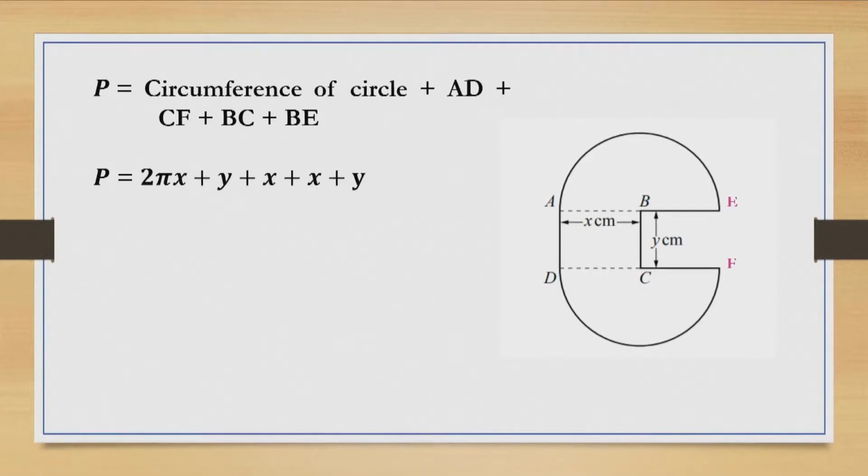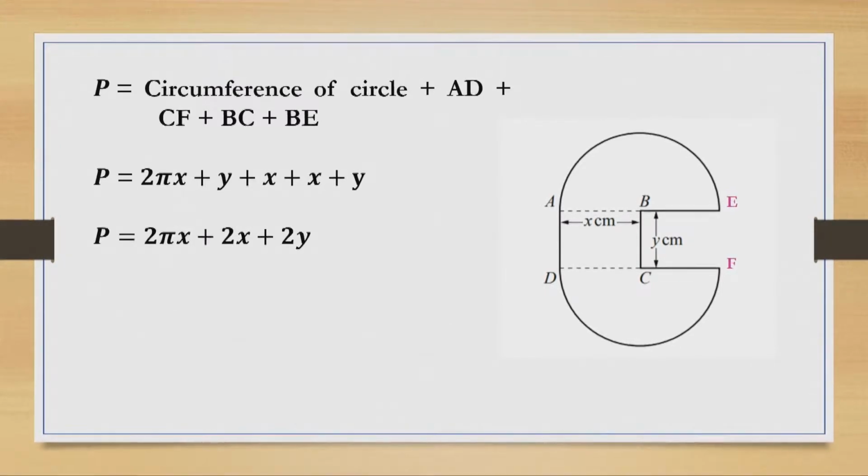So the perimeter will be 2 pi x for the circumference, plus y for AD, plus x for CF, plus x for BC, plus y, which will give me 2 pi x plus 2x plus 2y.